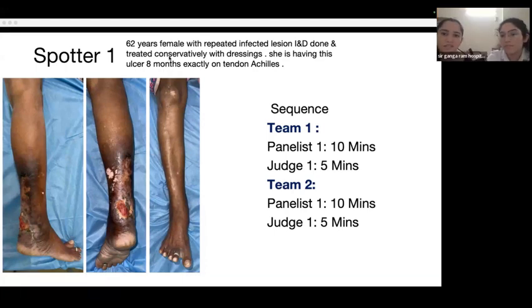Sir, HbA1c for diabetes, then random blood sugar levels, then Doppler to rule out any vascular pathology, then ankle brachial pressure index also I would like to measure to rule out any limb ischemia, and history of smoking or any other comorbidities for peripheral vascular disease.